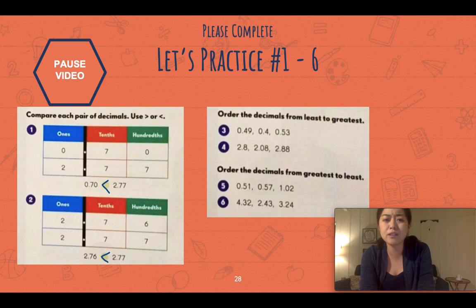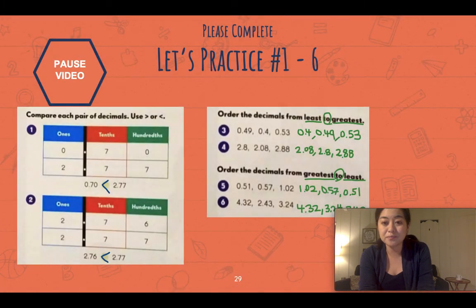All right, for 3 and 4, we're going to order the decimals from least to greatest, and for 5 and 6, we're going to order the decimals from greatest to least. Is this what you got? I guess you guys can't see what the answer is back there.